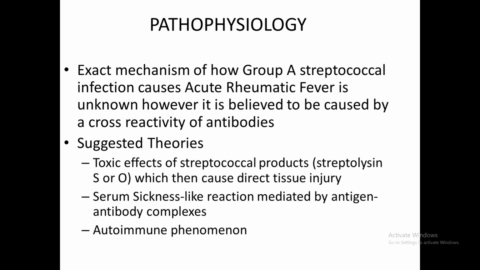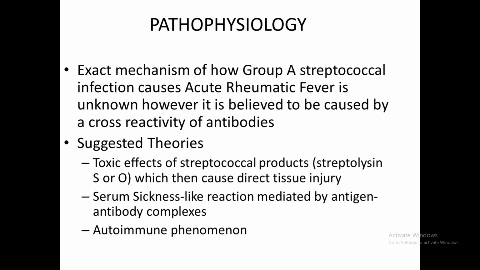The pathophysiology, as I already said, is the mimicry of the antigens between the streptococcal streptolysin S or O and the antigenicity resembling the synovium or the endocardium. That's why the injury occurs with the antibodies.